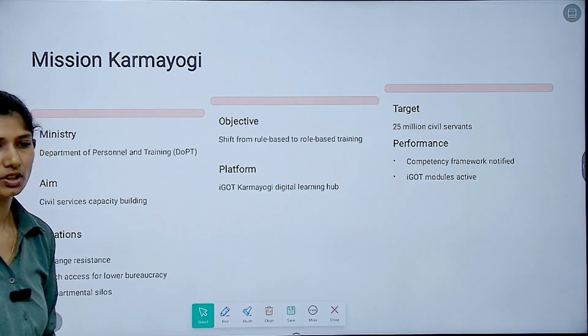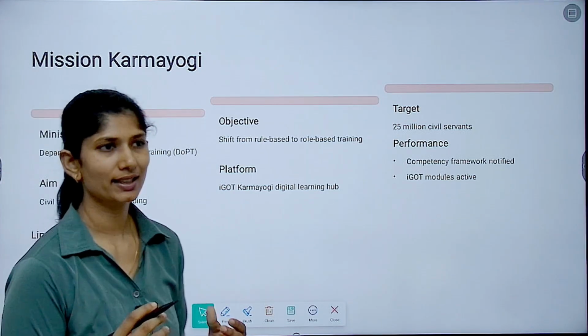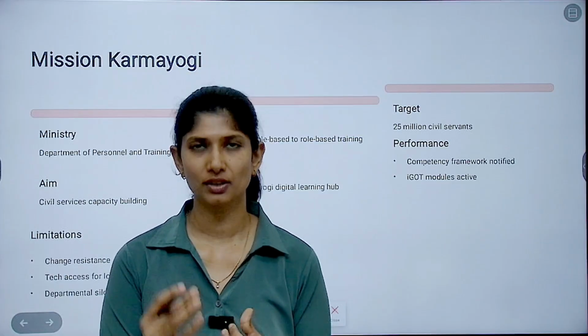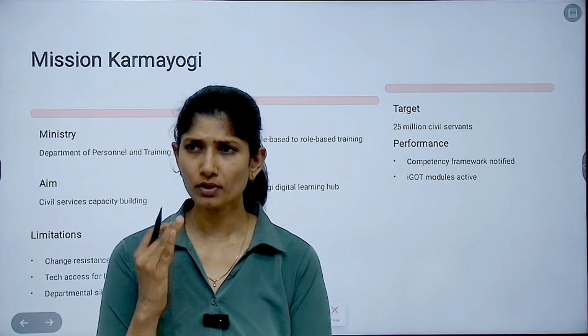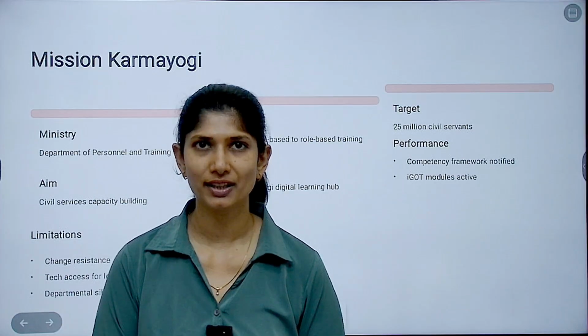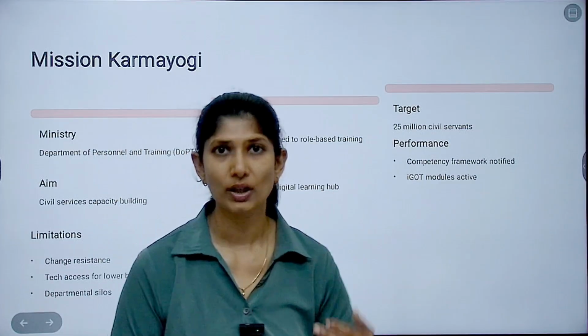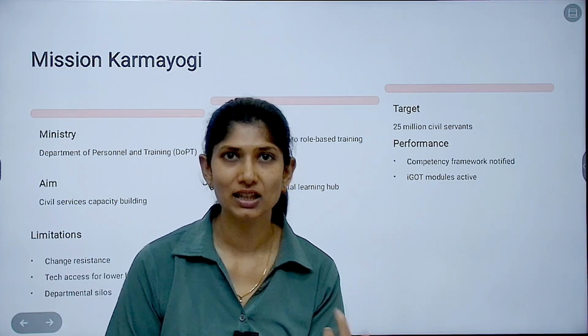Next is Mission Karma Yogi. Look at this. Mission Karma Yogi is basically to bring in civil servants who will be future ready in the areas of your aptitude, attitude, skill, knowledge.